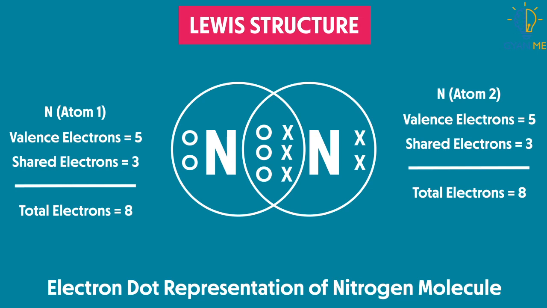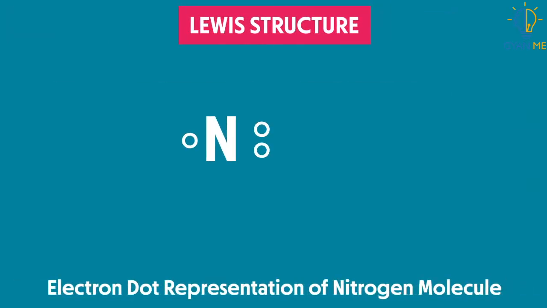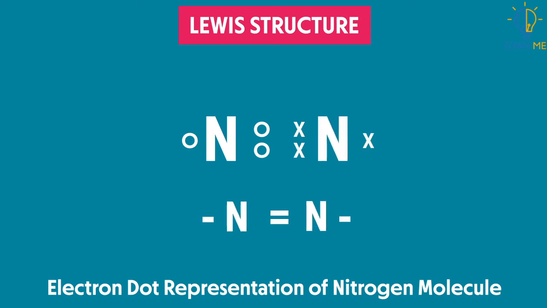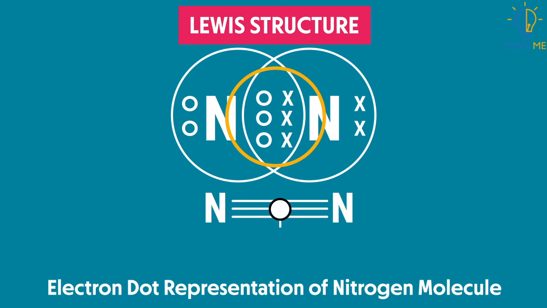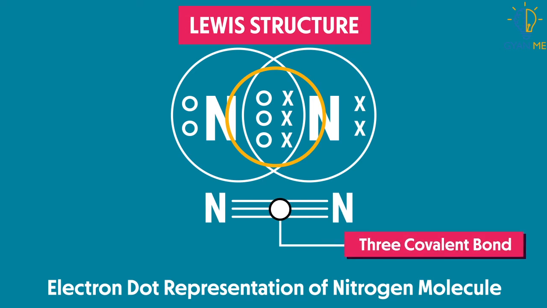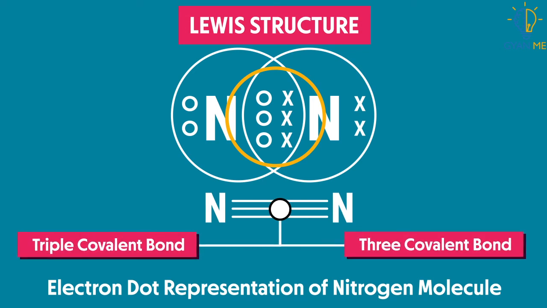So we keep these 3 together and the remaining 2 are paired separately. We can also draw 2 electrons on one side and 1 on the other side, depending on how the bond is formed. So here nitrogen atoms share 3 pairs of electrons. We can say that they form 3 covalent bonds or a triple covalent bond.